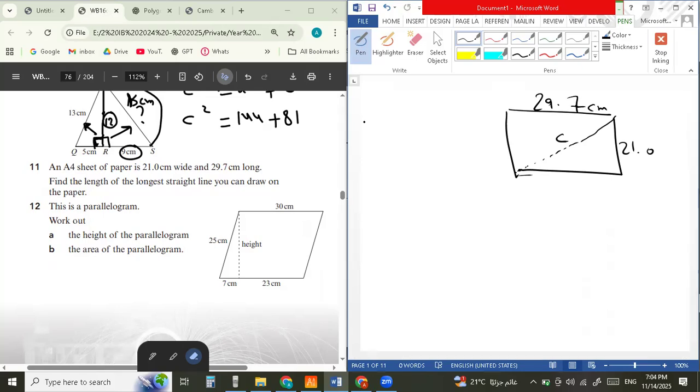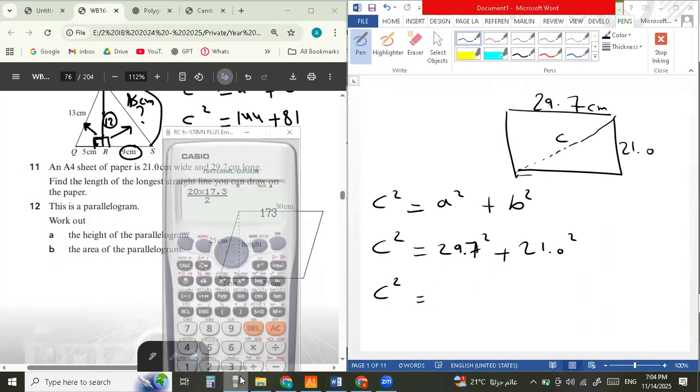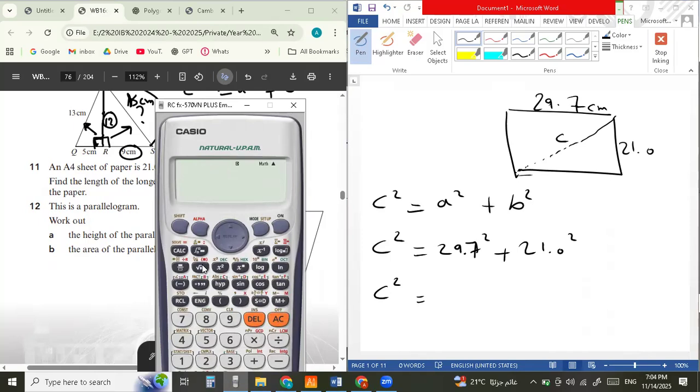C. Follow the same rule. C squared equals A squared plus B squared. C squared equals 29.7 squared plus 21.0 squared. Do the calculations and find the final answer. You're going to find at the end the root of 29.7 squared plus 21 squared.